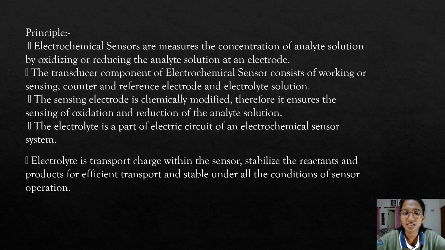It basically tells whether the oxidation has taken place or the reduction has taken place. The electrolyte is a part of electric circuit of an electrochemical sensor system. Electrolyte transports charge within the sensors, stabilizes the reactants and products for efficient transport and is stable under all the conditions of sensor operation.